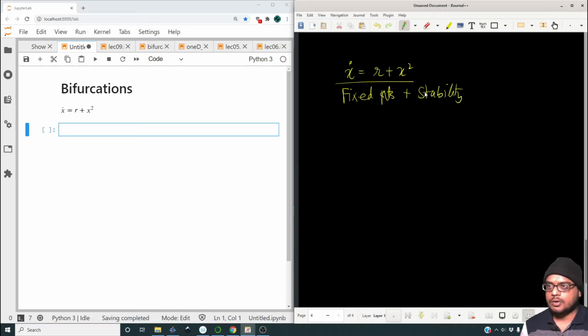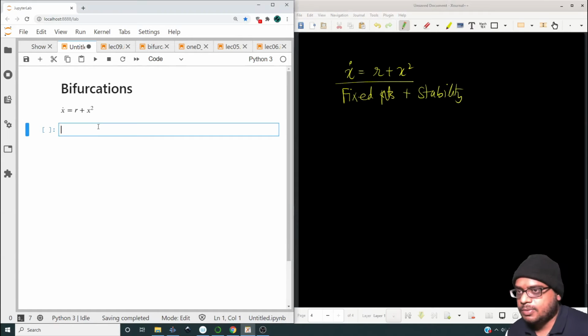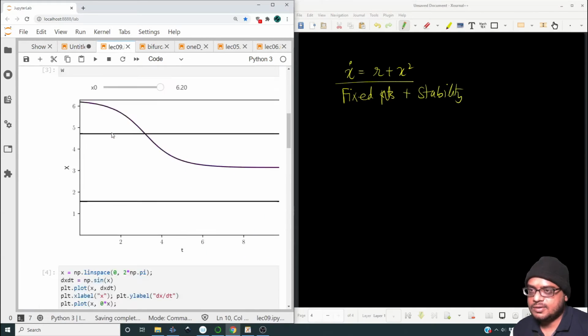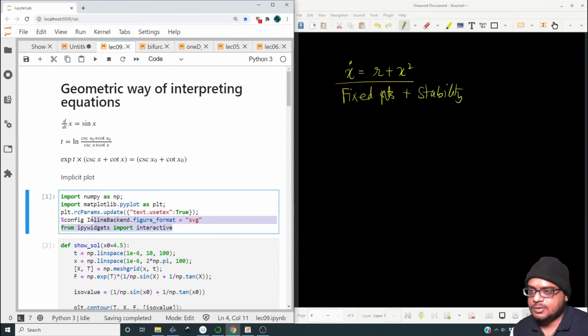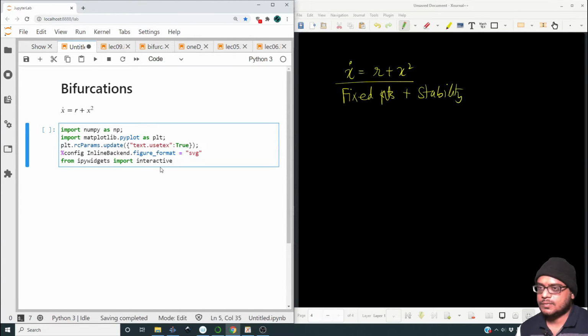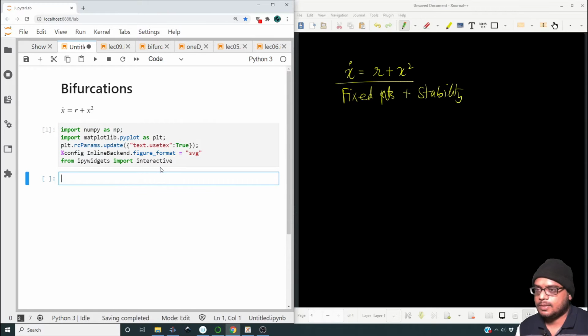So let us go to our Python console. Let me copy paste this because we will be needing all of this. All right. So now let us plot that diagram first.